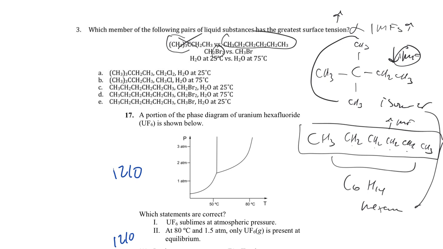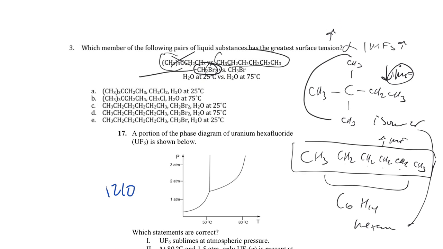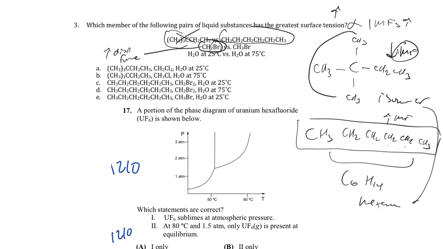So I get a higher dispersion force for CH2Br2, and that's going to give that compound a stronger force of attraction. When we're comparing 2 molecules that are both polar, the one that's a lot bigger than the other is going to have a stronger force of attraction based on that size. Each bromine atom is like 80 grams per mole. That's going to add a lot of extra dispersion forces.